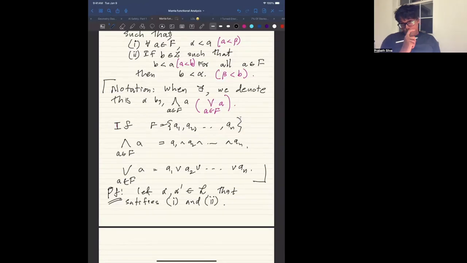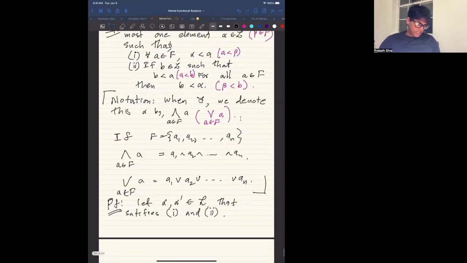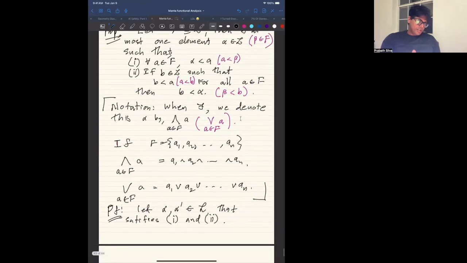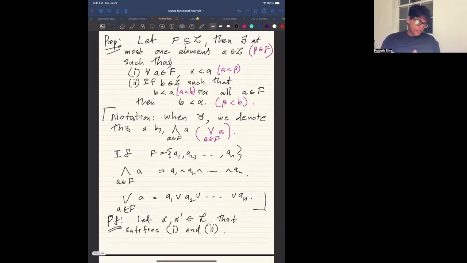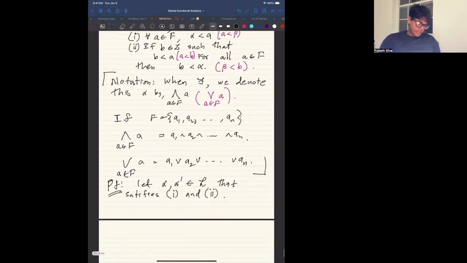You have two of these, and then it's the same as before, because if you take alpha and apply condition 2 for alpha, you notice that alpha prime satisfies that condition, so you can take b equal to alpha prime. You will get alpha prime less than alpha.